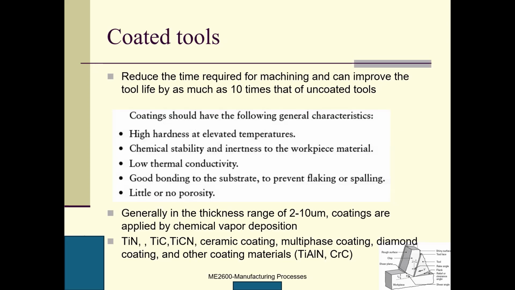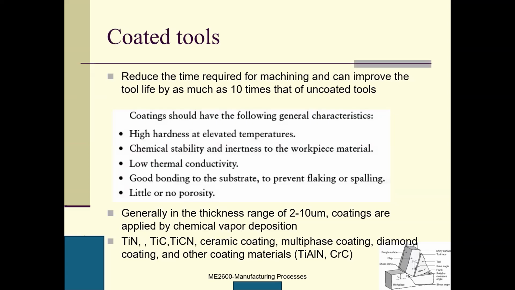Second one, chemical stability and endurance to the workpiece material. This coating material cannot have chemical reaction with the workpiece. Low thermal conductivity. Why is this one important? Somebody tell me why low thermal conductivity is important. Would your tool not get hot?